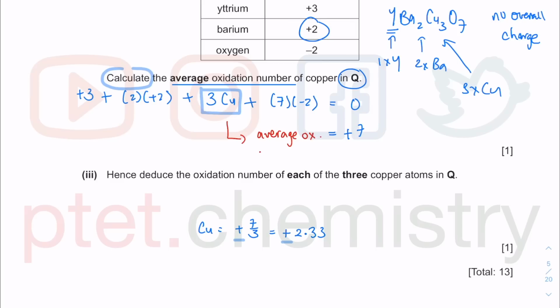Then you have 3 times copper, so each one, we divide that by 3. So I'm going to get that final answer here. Realistically speaking, this is not bad for a 2-mark question. And that is the end of that 13-mark rather unusual transition metal question, I guess.